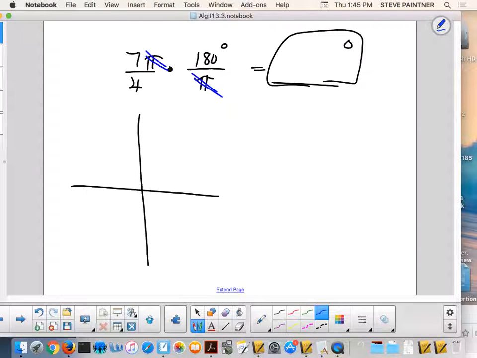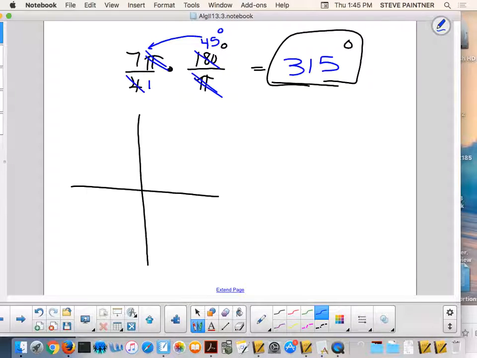Nice thing is pi just cancels out. How about any numbers canceling? 180 with the 4. 4 goes into 4 once, 4 goes in here. 45 times. 45 times, gotcha. Times 7 though. 315.